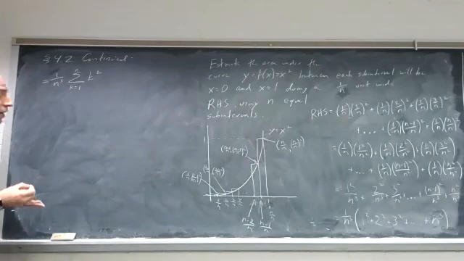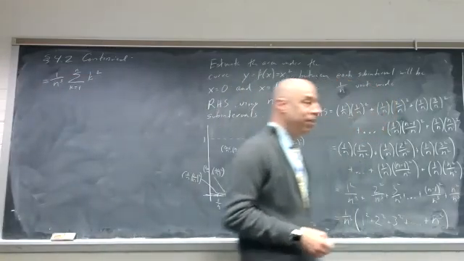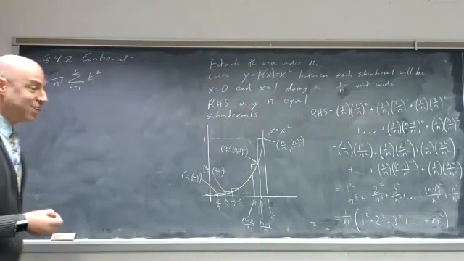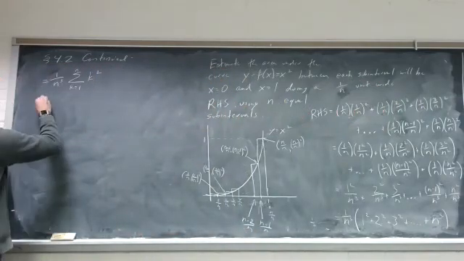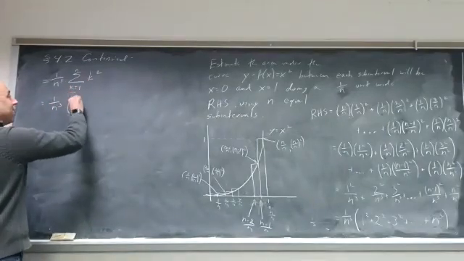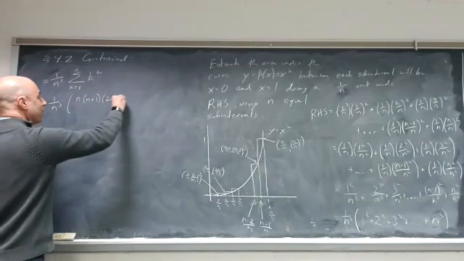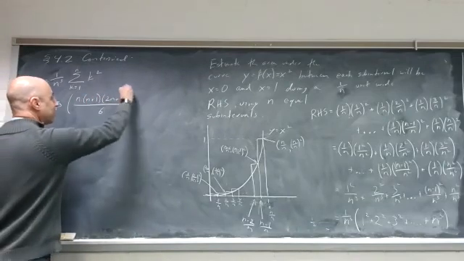But we have a formula for the sum of the first n perfect squares. That was the last formula I gave you, I think formula number 4.